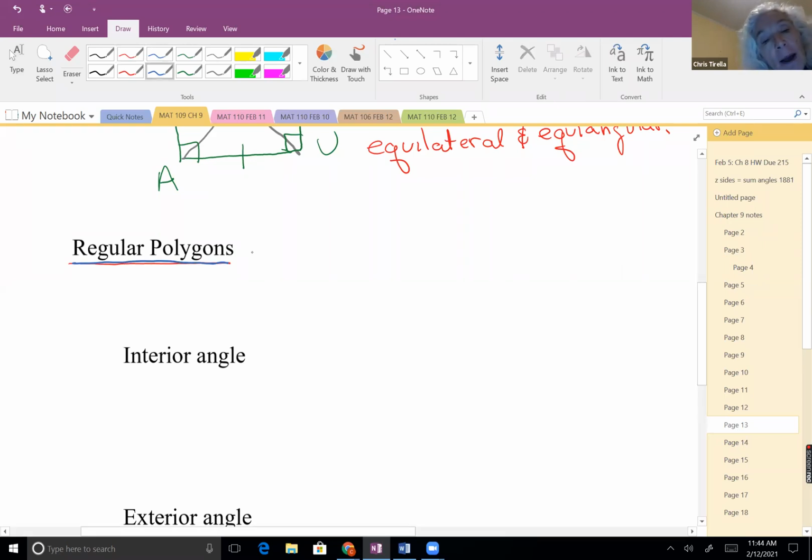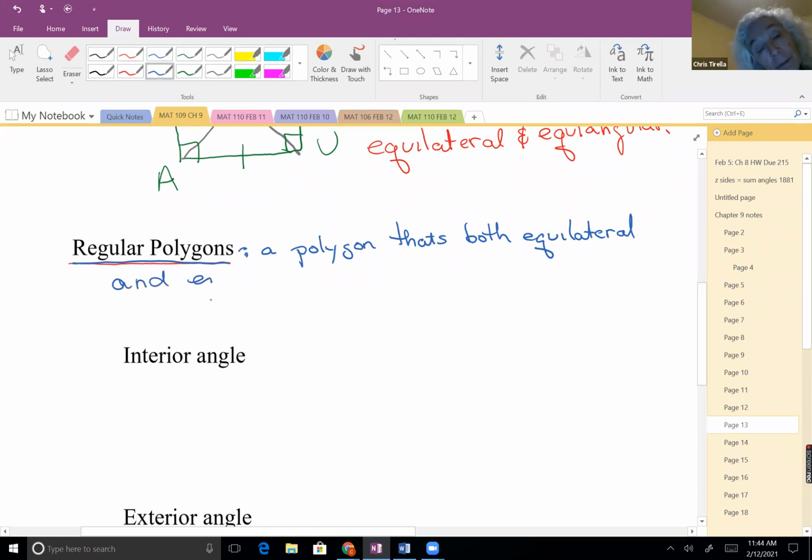And a regular polygon is a polygon that's both equilateral and equiangular. All of the sides are equal.